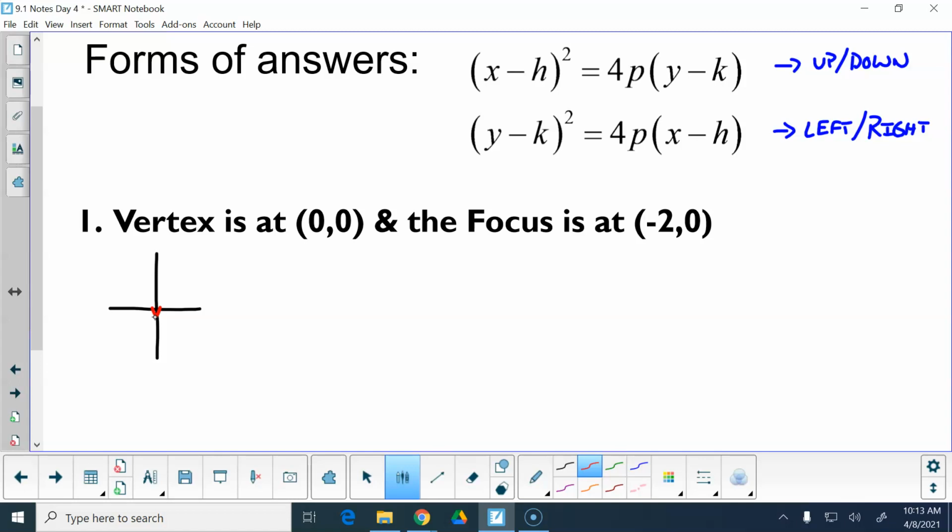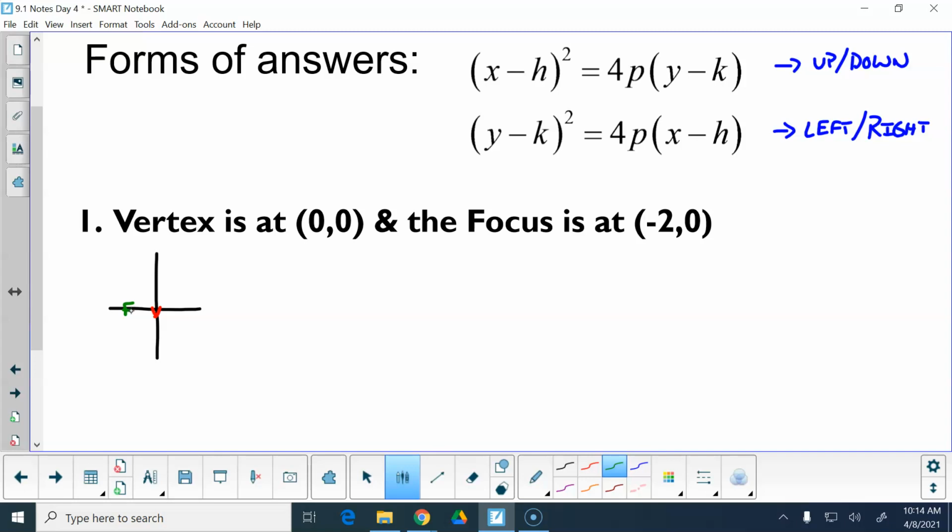Then it tells me that my focus is at the point -2, 0. -2, 0 is left.